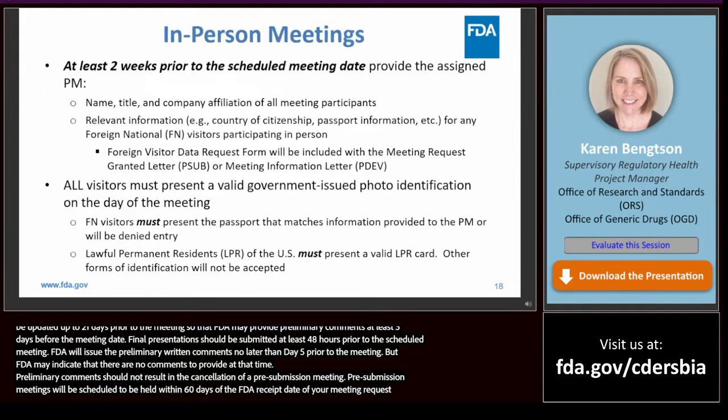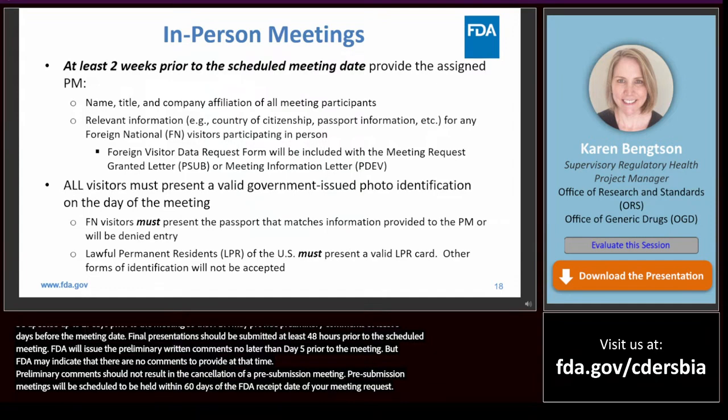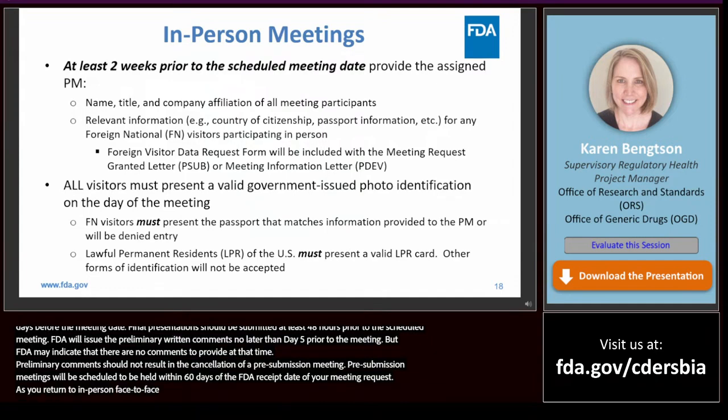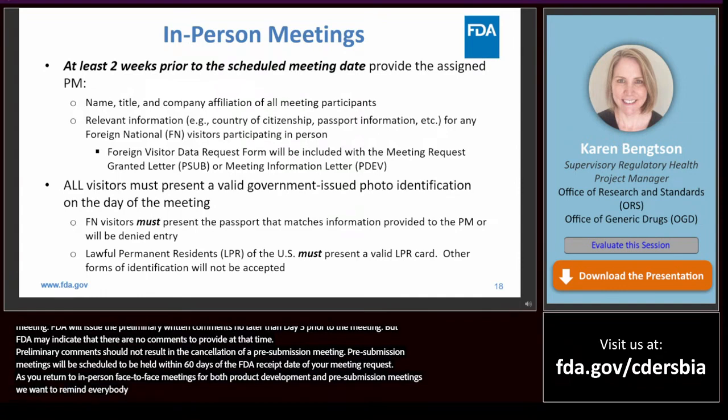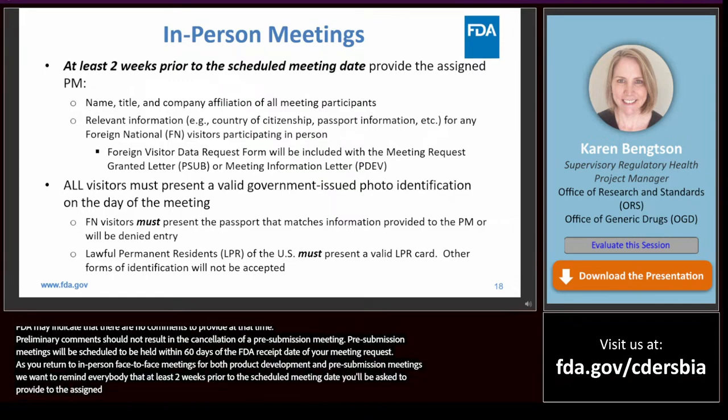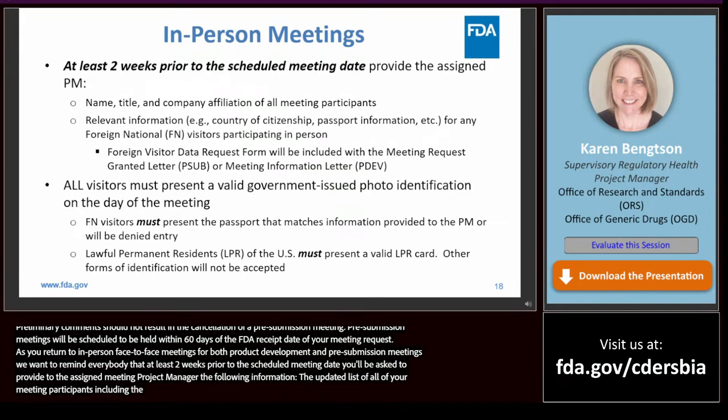As we return to in-person, face-to-face meetings for both product development and pre-submission meetings, we want to remind everybody that at least 2 weeks prior to the scheduled meeting date, you'll be asked to provide to the assigned meeting project manager the following information: the updated list of all your meeting participants, including the name, title, and company affiliation.